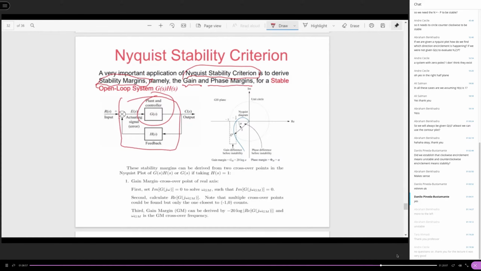In other words, the stability margin can only be stated for a stable open loop system. If the open loop system is not stable, you first design the controller. I mentioned it in Control 1, right? Your first purpose is to design the controller to stabilize it first.